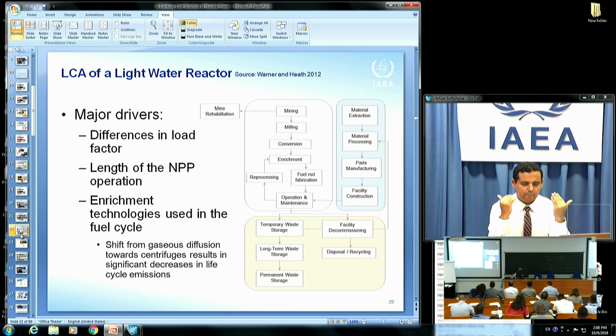In France, for example, gaseous diffusion was used as a process for enrichment, which consumes a lot of energy, and part of that energy comes from fossil fuel sources, and that's taken into account. So life cycle assessment is the basis for estimating the emissions of CO2 and pollutants per unit of electricity generated. Slide 23.